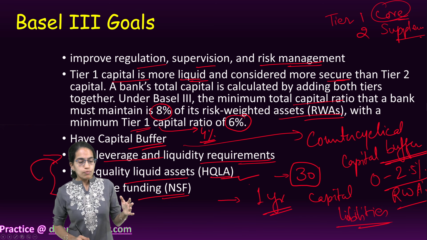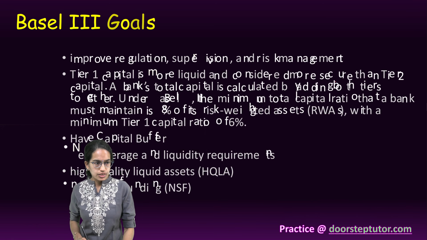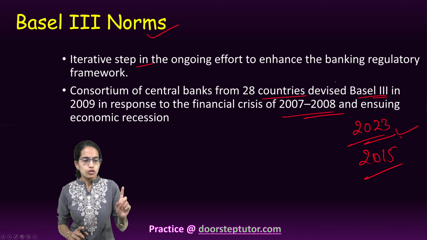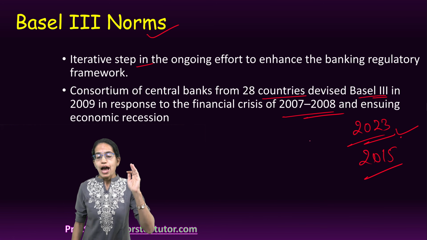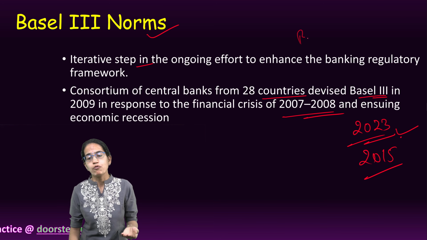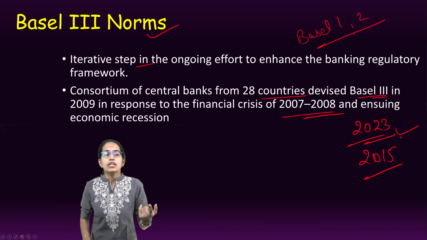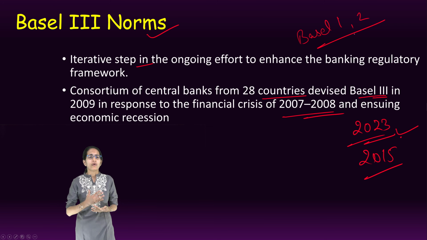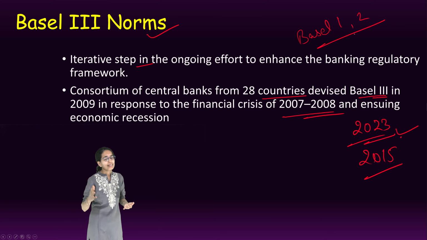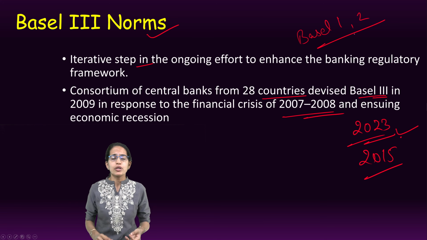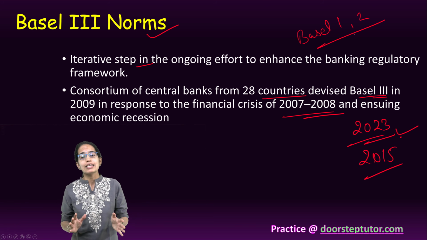So those are some of the important goals that we have discussed under Basel III, the norms that we have laid down, and definitely Basel III is a step forward from the previous Basel I and II norms. Basel III norms are extremely important: the goals under it, the counter-cyclical capital buffer, the high quality liquid assets and the net stable funding.